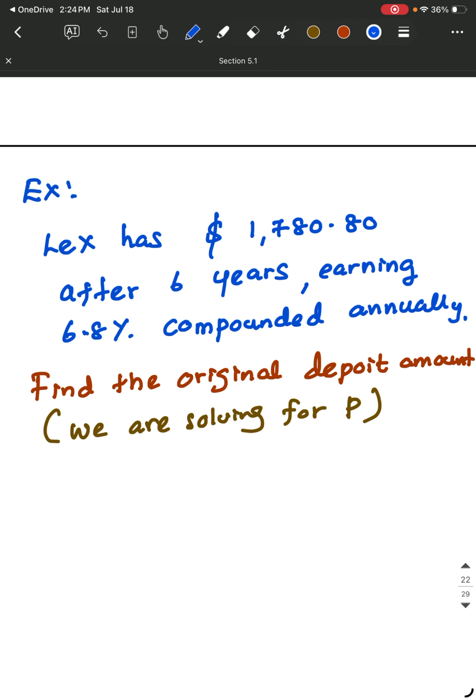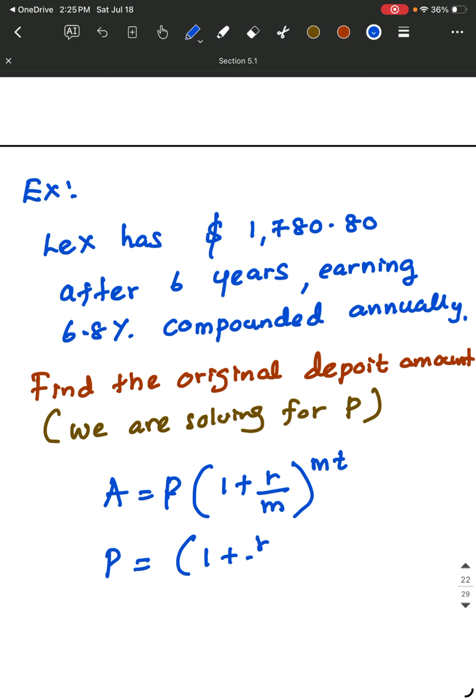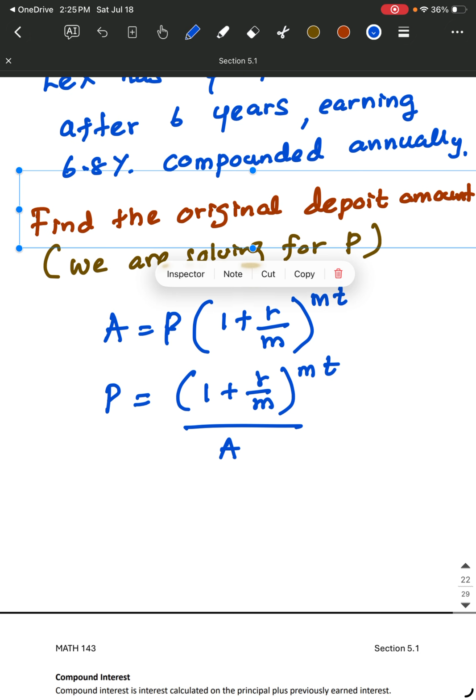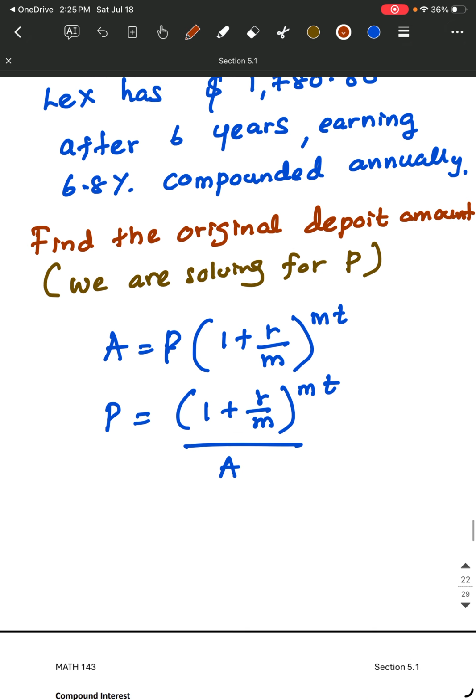So let's see, using the formula A equals P times 1 plus R over M to the power MT, then isolate P. Let's substitute. I think it is easy to substitute into this formula.